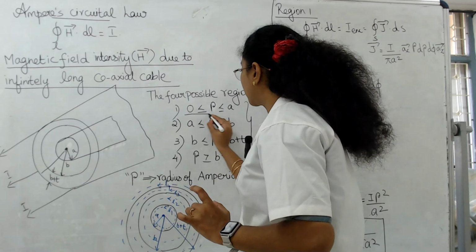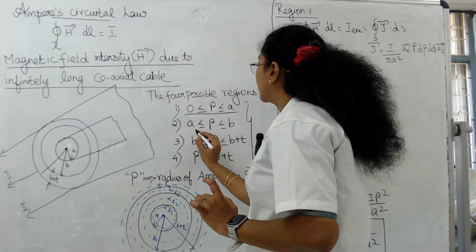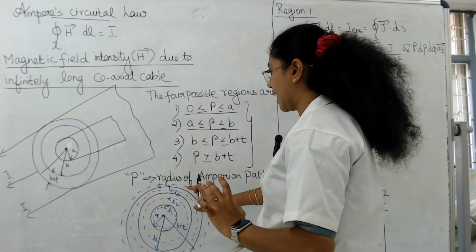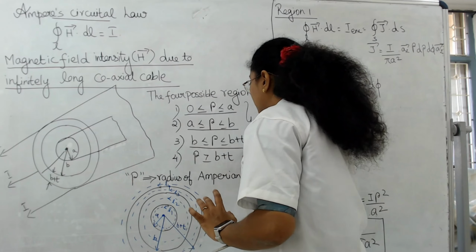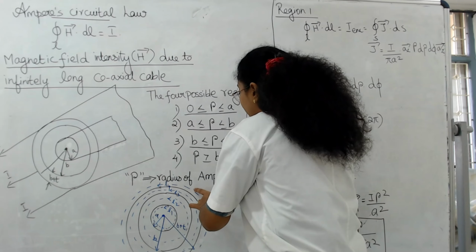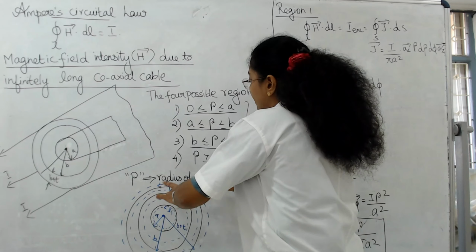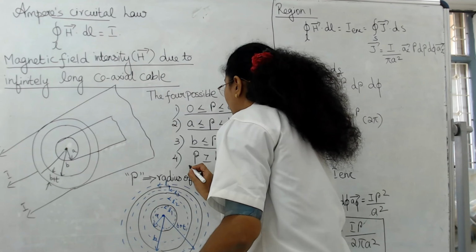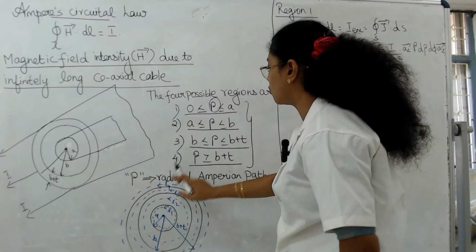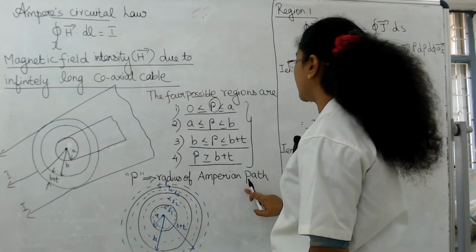The first region corresponds to the core. The second region is between the core and the cladding. The third region is between the cladding radius B and B plus T, and the outer region is the radius greater than B plus T. Here I have used the term rho to represent the radius of the Amperian path.